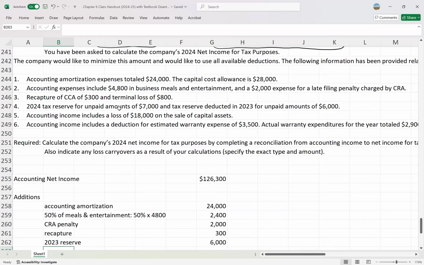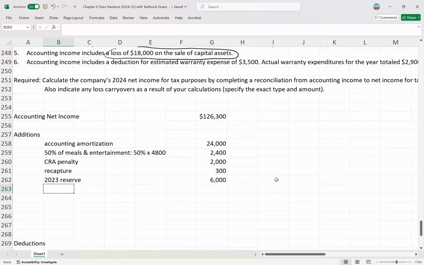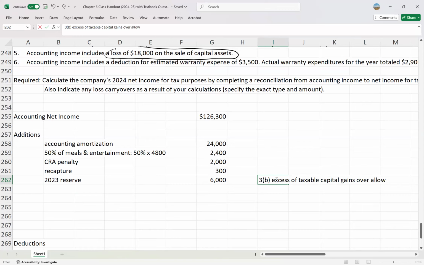Accounting income includes a loss of 18,000 on the sale of capital assets. So this one relates to capital losses. Remember we said that for 3B, that's the excess of the taxable capital gains over the allowable capital losses.